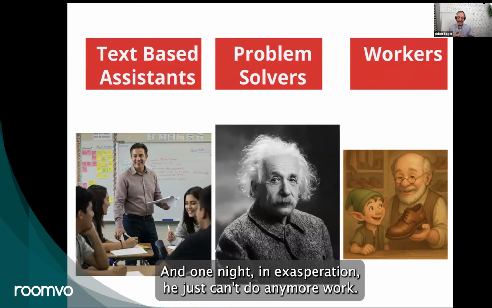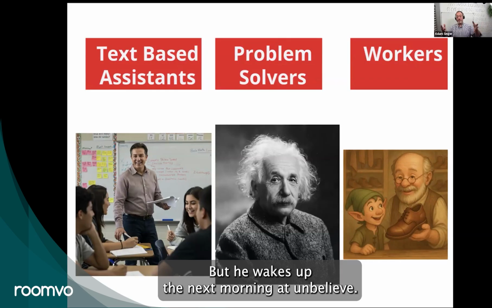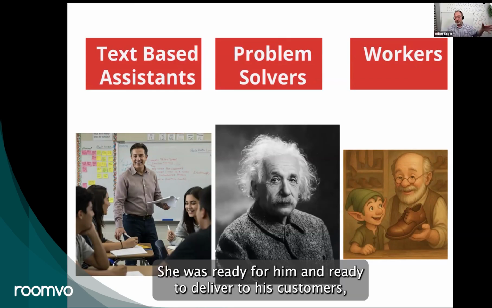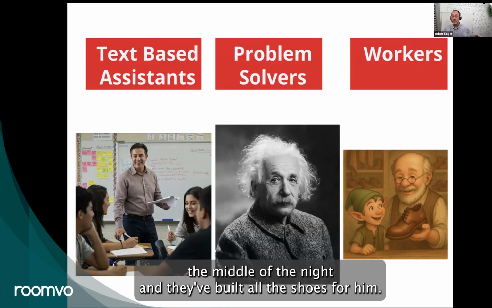And one night in exasperation, he just can't do any more work. He leaves the leather out. He leaves all the pieces out, and he goes to sleep. And he wakes up the next morning, and unbelievably, he has all these shoes ready to deliver to all his customers because these elves have come in the middle of the night and they've built all the shoes for him, right?